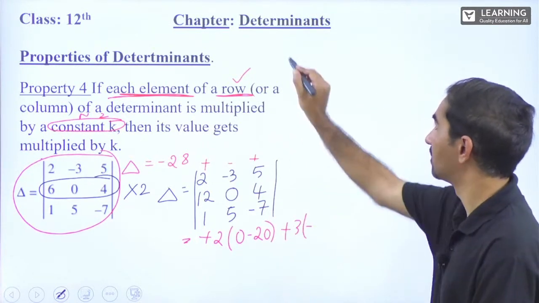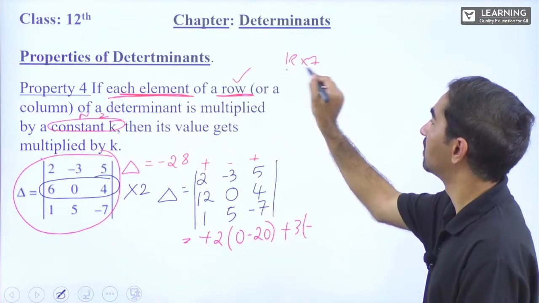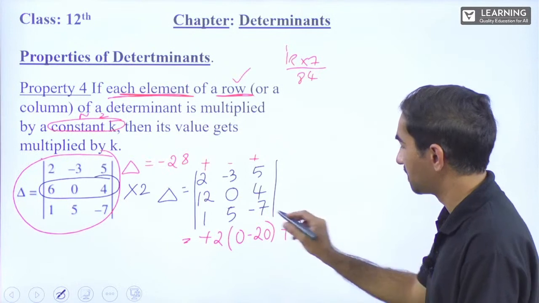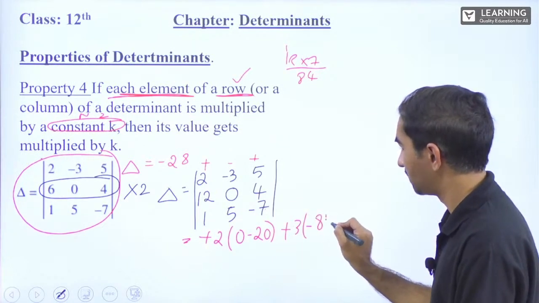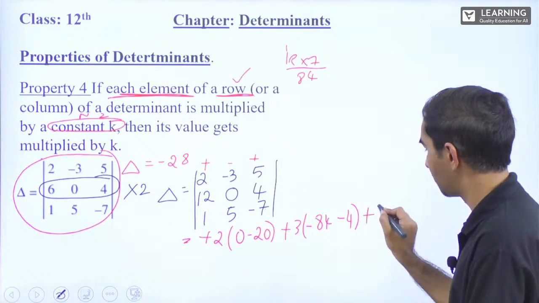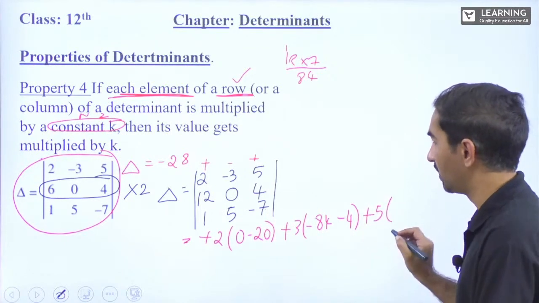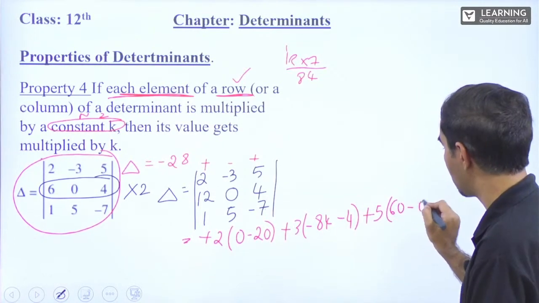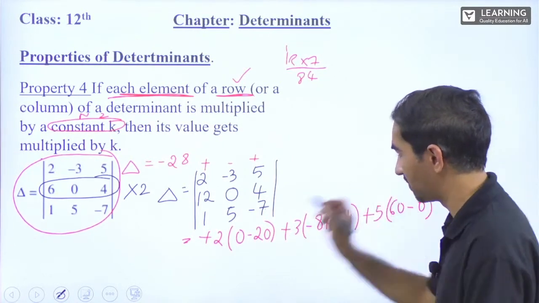minus 12 sevens are. So 12 into 7, 7 2s are 14, 7 1s are 7, is 84. Minus 84, minus 4, plus 5 of 12 5s is 60 and 1 0s is 0. Simplify this further.